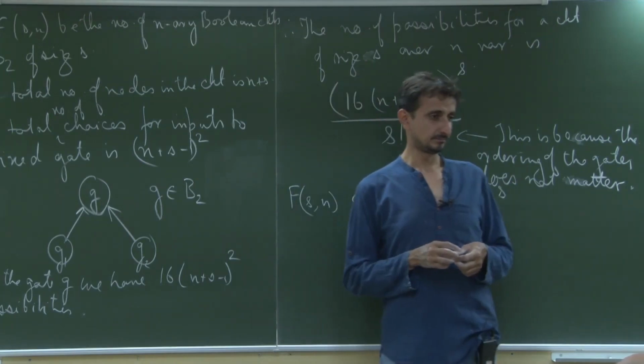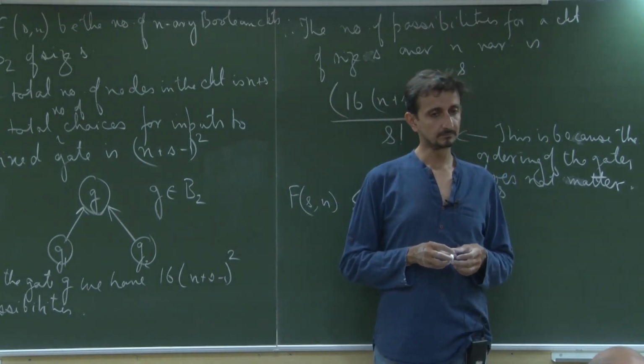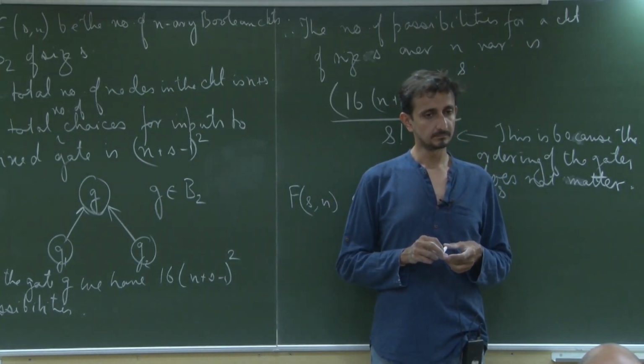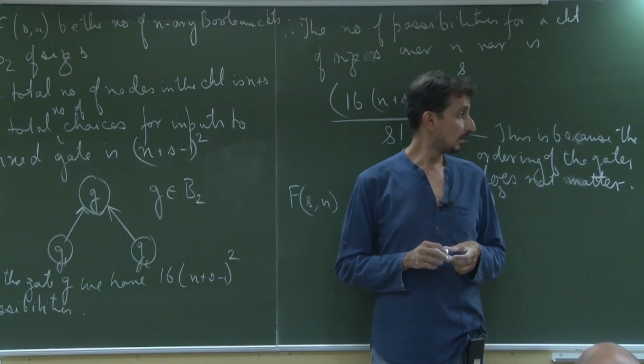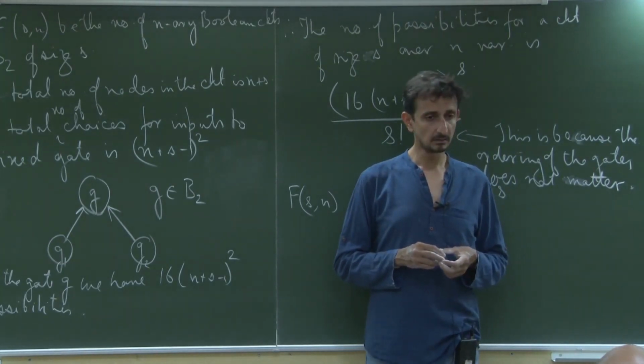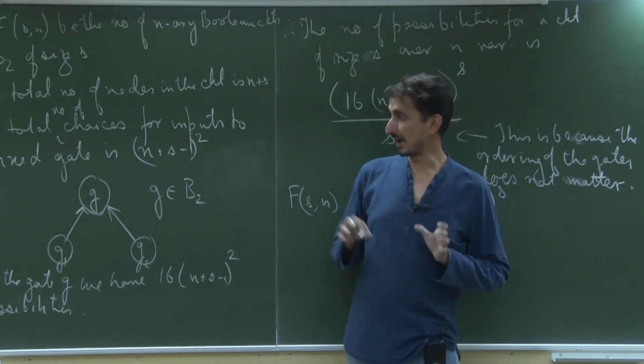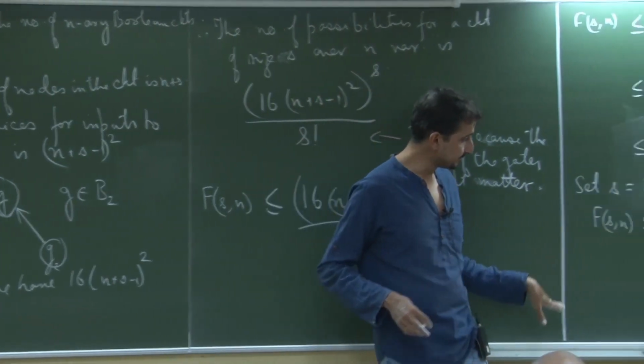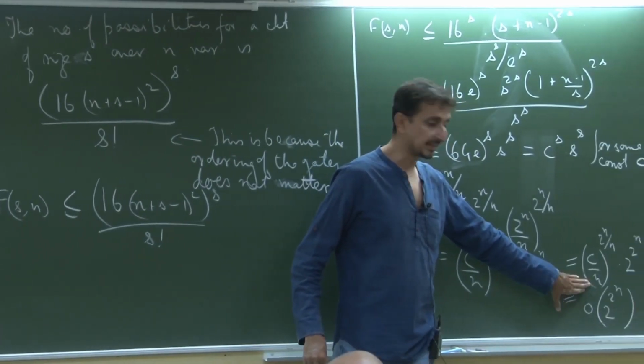Sir, the quantity 2 to the n by n, we can put any constant in the denominator, 2 to the n by cn. Yeah, then this will work. But we cannot put n square, no? 2 to the n by n square. No, no. So, I want to put a quantity which will simplify to something that I can work with.